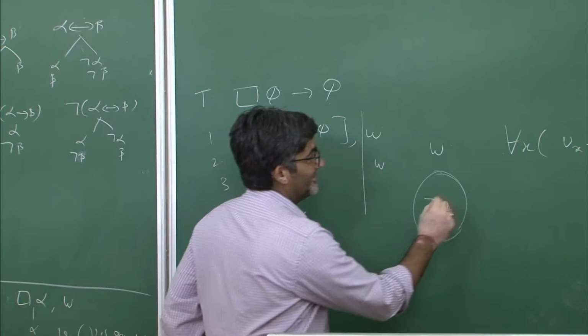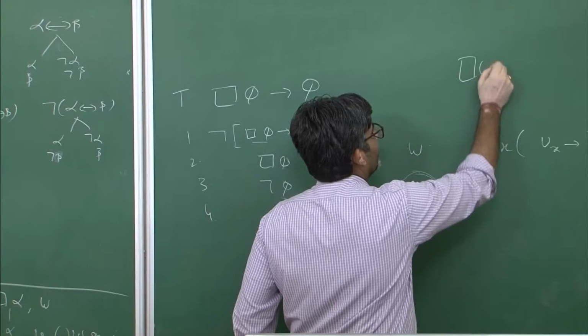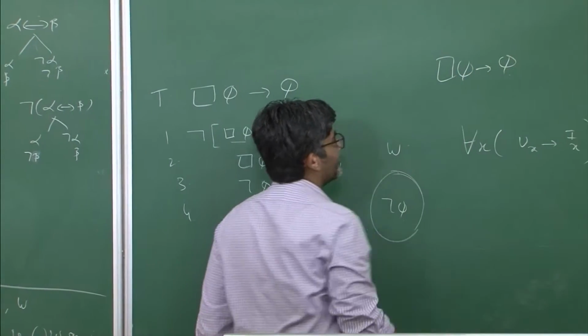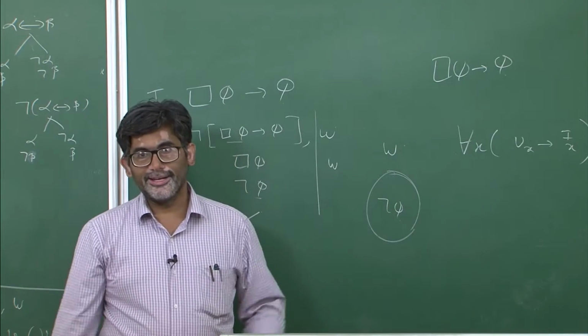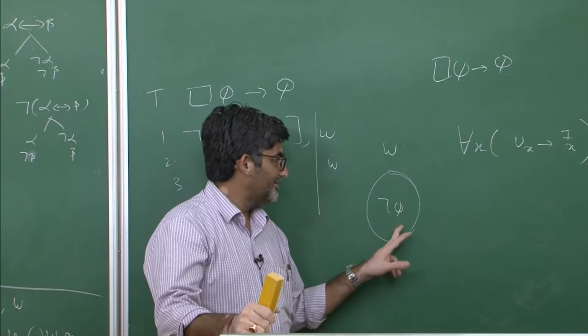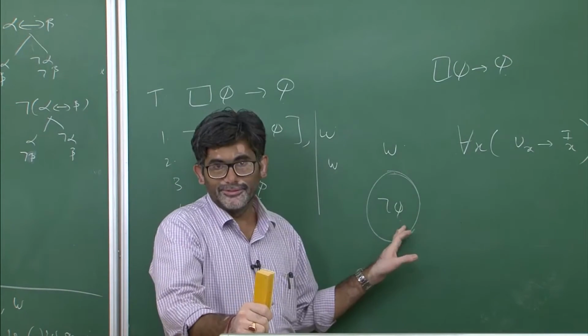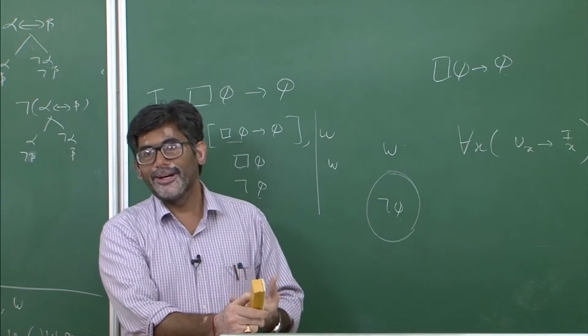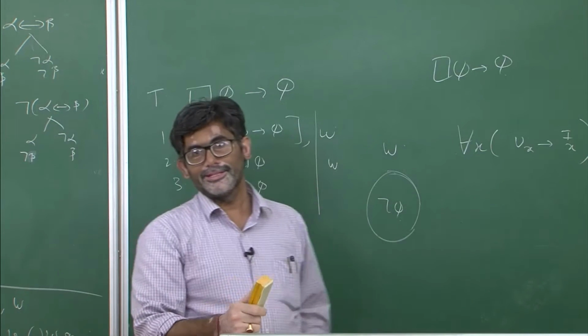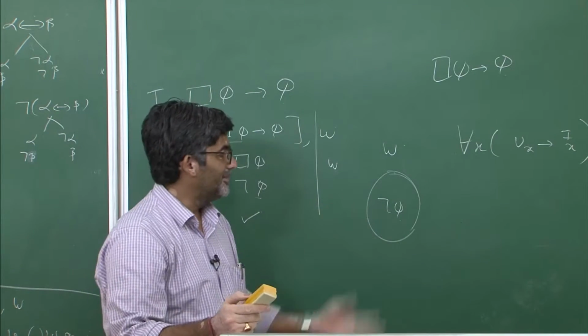Now coming back to this formula, necessity of phi implies phi. As I said in the last class, if there is no world which is accessible to this one, then all the formulas that begin with necessity are going to be true and all the formulas that begin with possibility are going to be false.